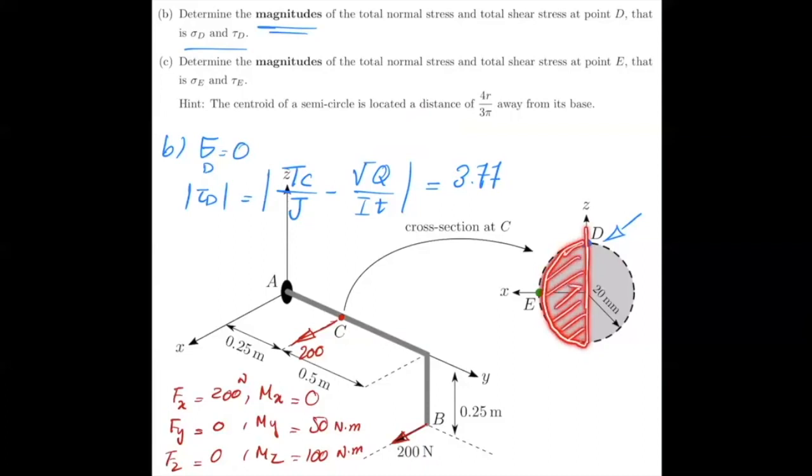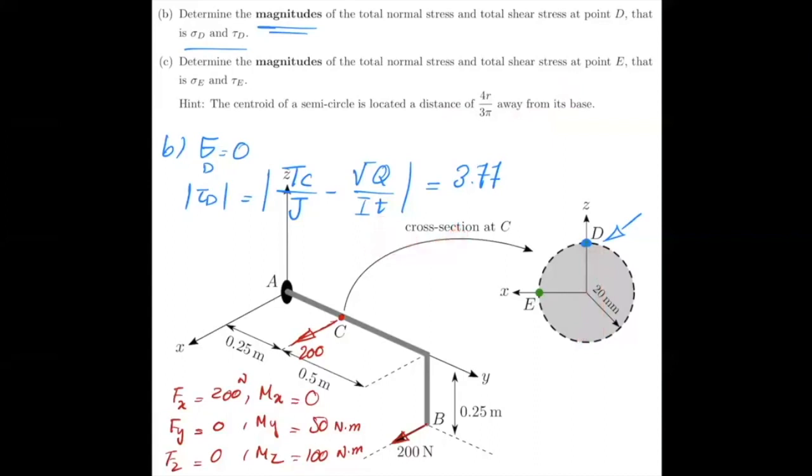Okay, so it's a half circle, and then you can calculate that using the distance that you have here. So Q would be 5.33 times 10 to the minus 6. Thickness would be essentially 2 times radius, the whole diameter, which is 0.04.